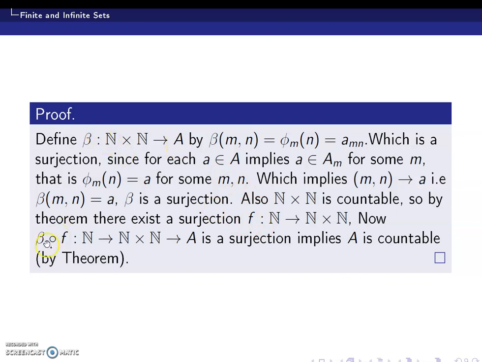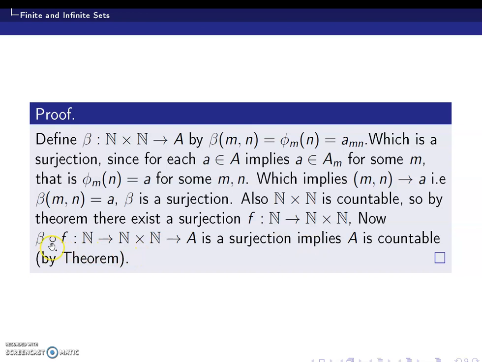So if we take the composition beta composition f, which maps an element in natural numbers onto N cross N, and which maps N cross N onto A, then beta composition f is a function from N to capital A. Since beta and f are surjections, beta composition f is also a surjection.